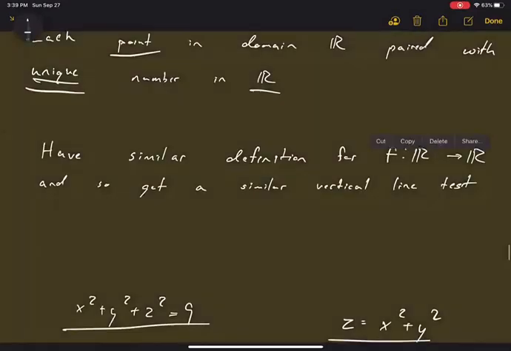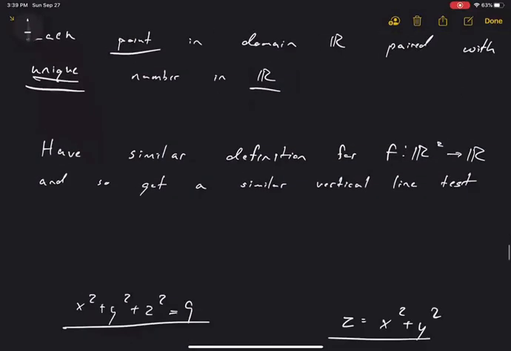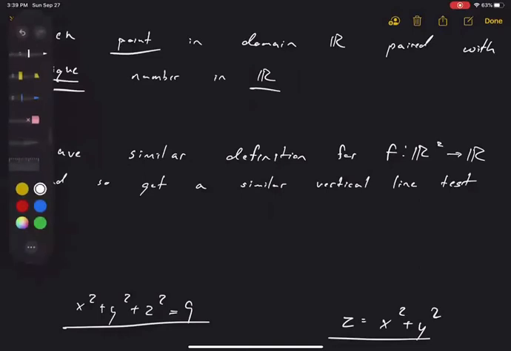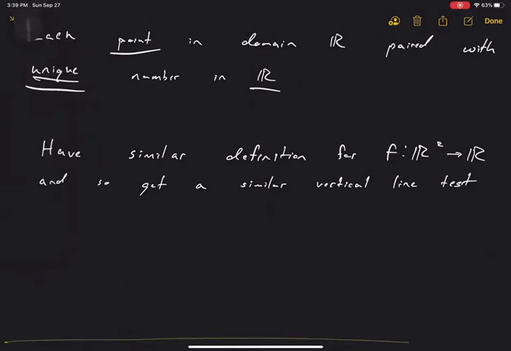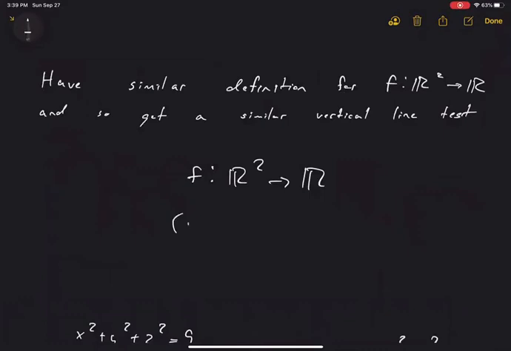Now we saw earlier in the video that we have a similar definition for multivariable functions. A multivariable function, let's say R2 to R, pairs each xy up to a unique z.